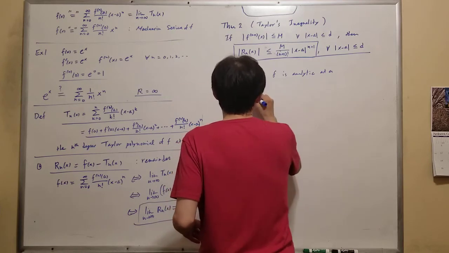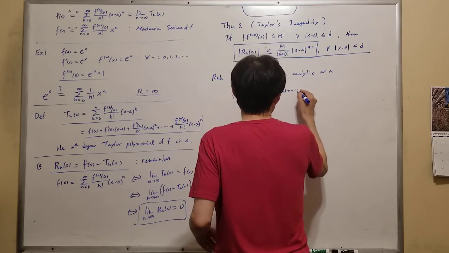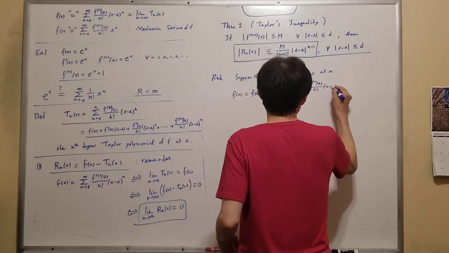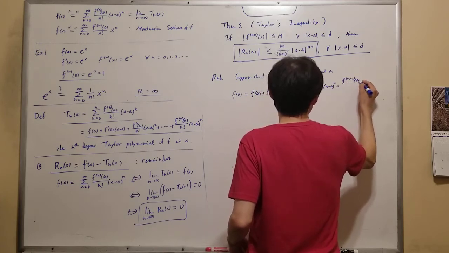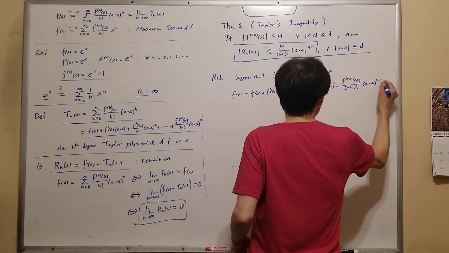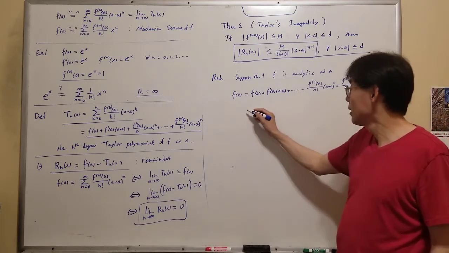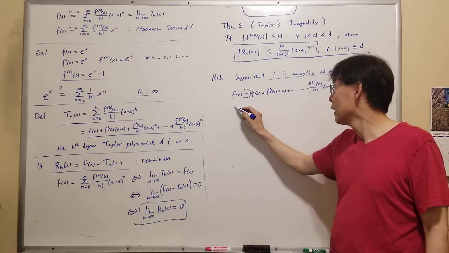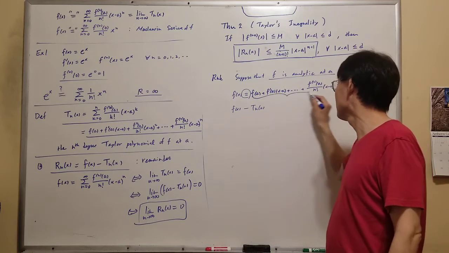So f of a plus the nth order derivative at a over n factorial times x minus a to the n, plus the next term, and keep going. So then, if this is analytic, so that this is really equal, then f of x minus Tn of x, this is Tn of x, right?